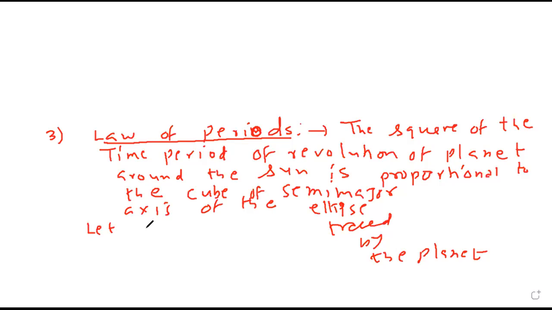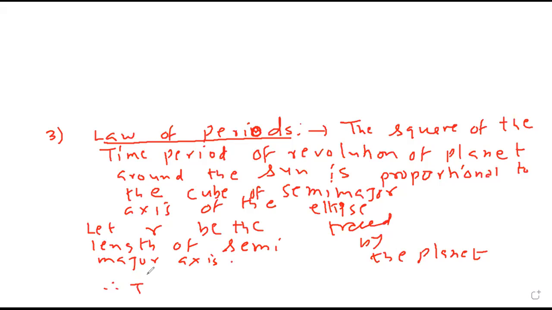Let R be the length of semi-major axis. Therefore, T square proportional R cube.